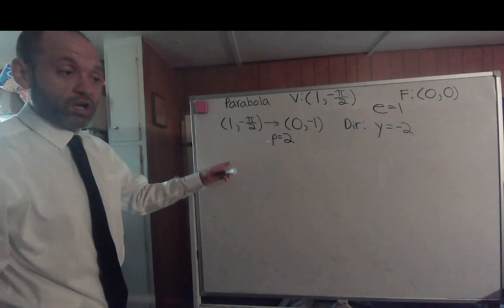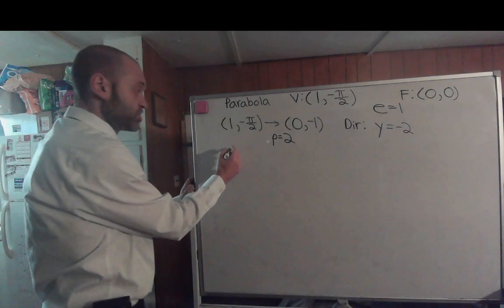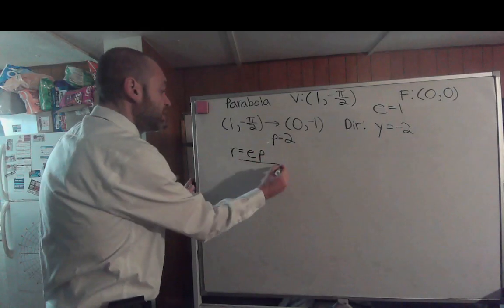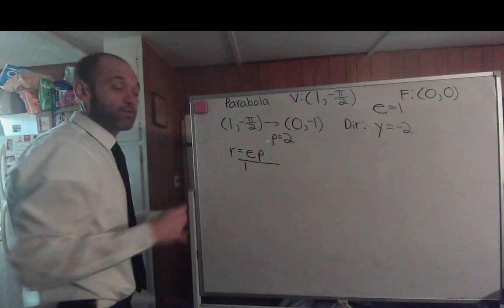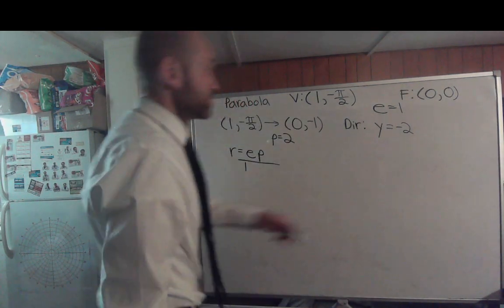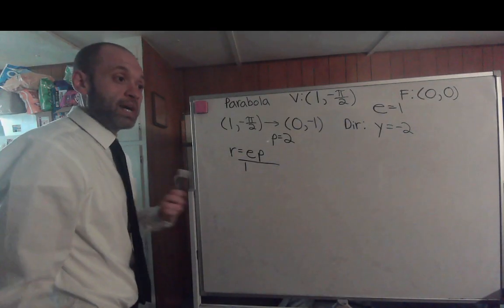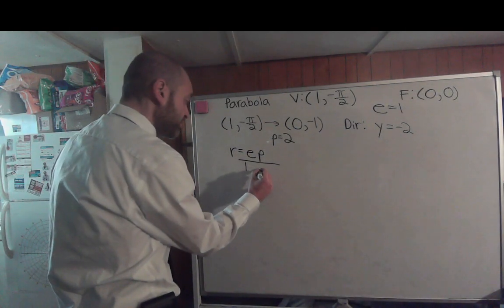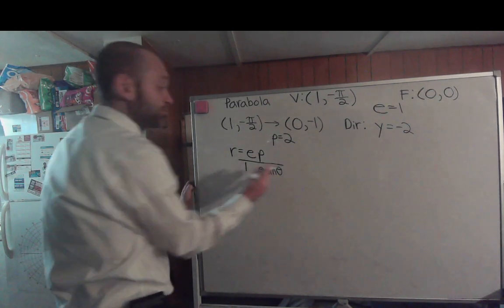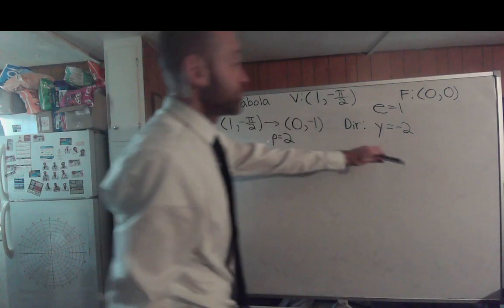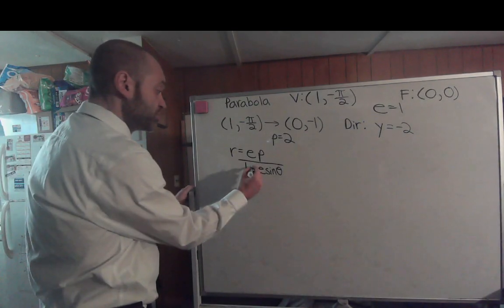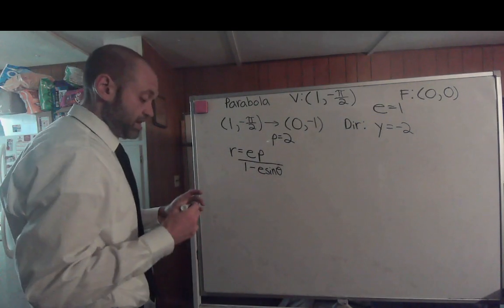Now let's start working with a general formula for the equation of a conic section. That always equals ep all over 1, and then which function are we using? Well, the directrix is y equals, that tells you this parabola has y-axis symmetry, so it's going to be of the form e sine of theta. Now, is it plus or minus? Well, the directrix is below the focus, below the pole, so it's going to be minus e sine of theta.